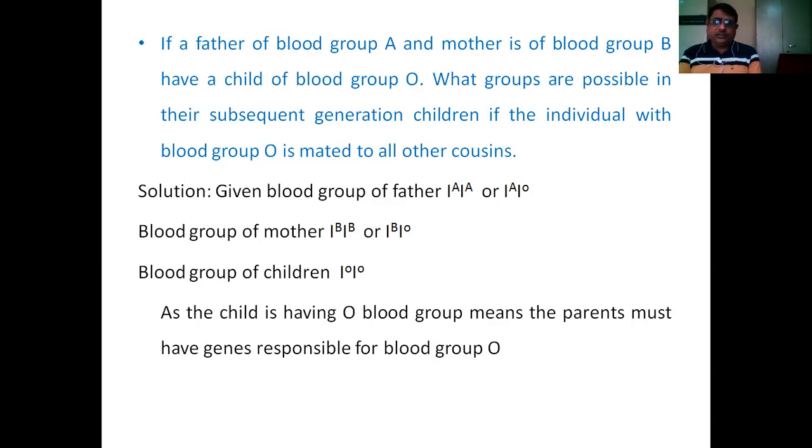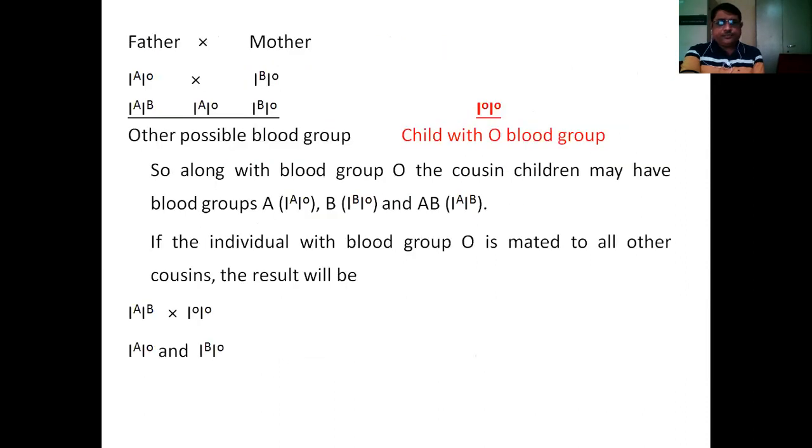But there will not be a single child only. The next question is based on this first condition only. What groups are possible in their subsequent generation, that means the F2 generation, if the individual with blood group O is mated to all of his cousins? So we will see the solution for this example.